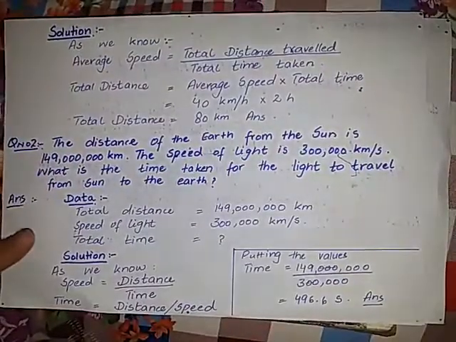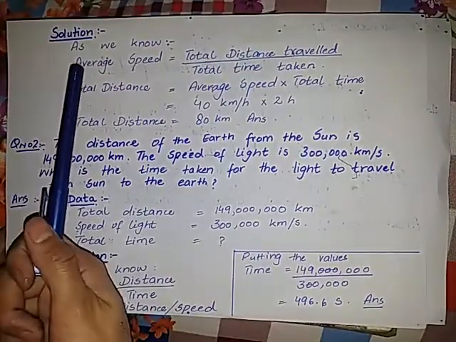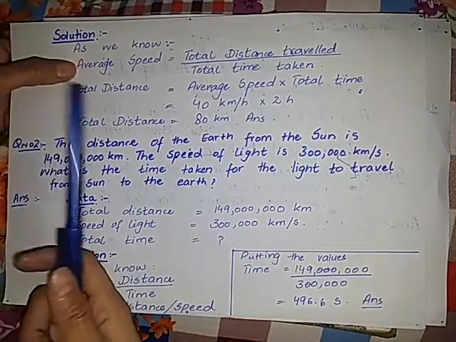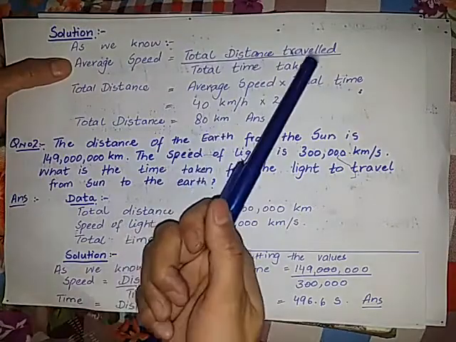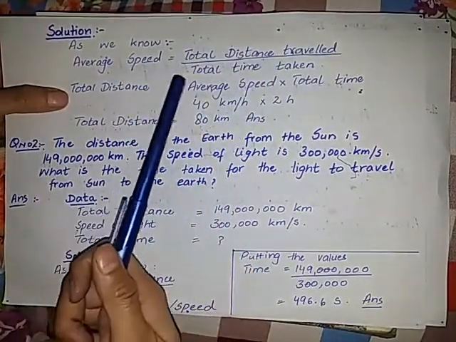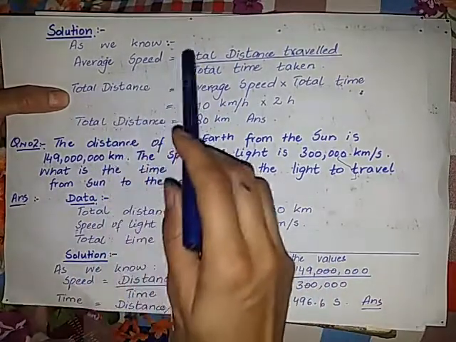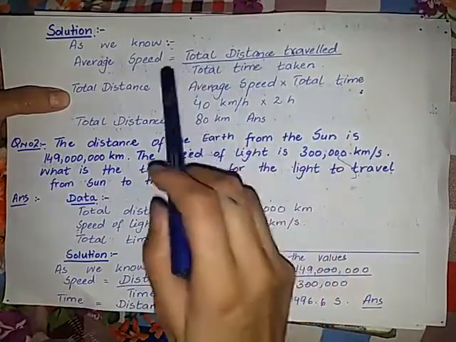Next is its solution. How to solve this problem? We will write that as we know, average speed is equal to total distance traveled divided by total time taken. By rearranging the formula, we take the total time taken to the other side.